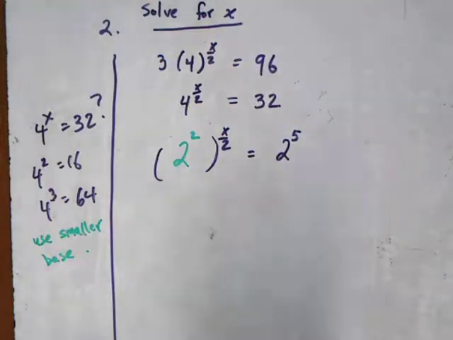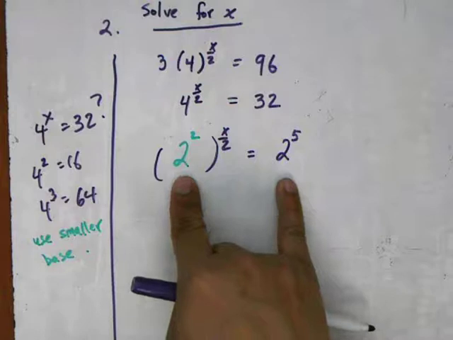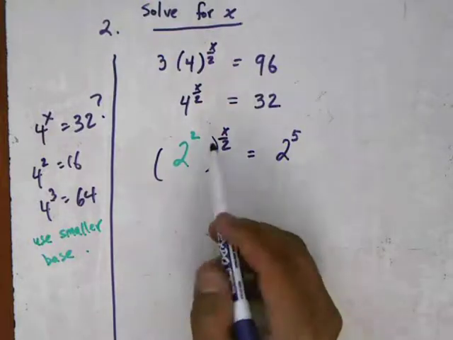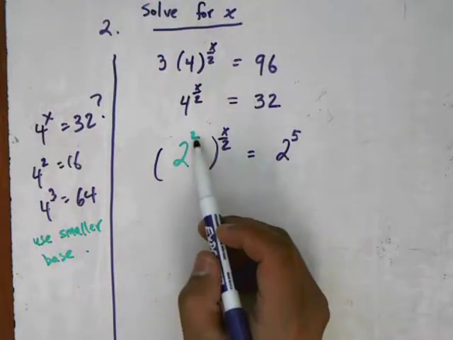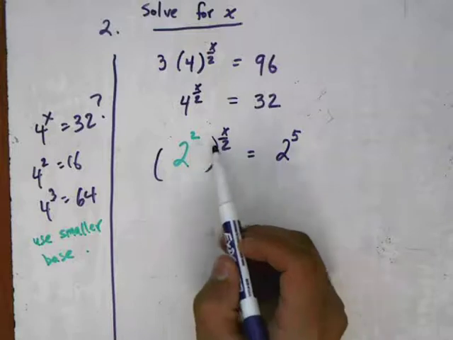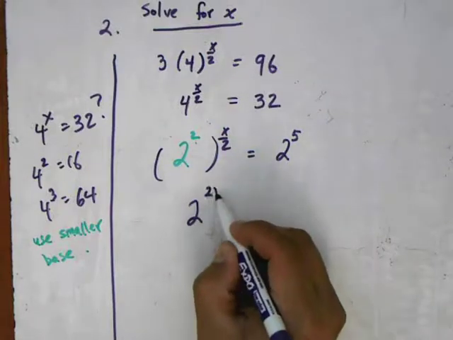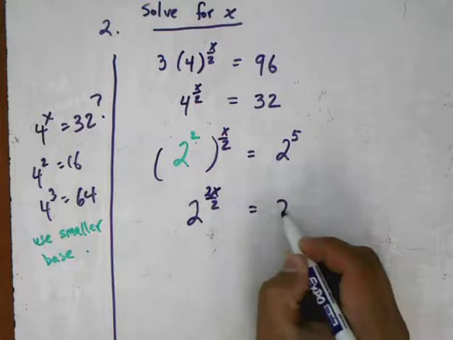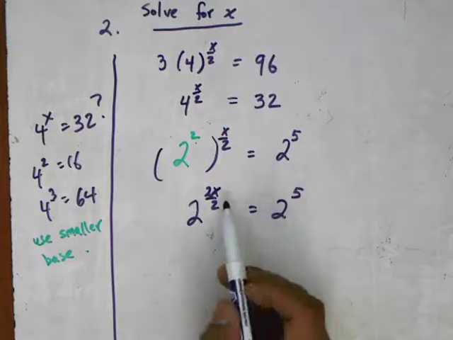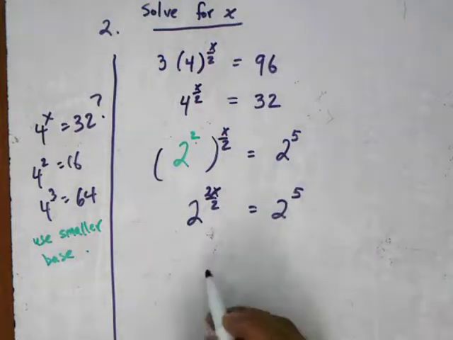And you see, now we have the same base. Now we can work with this. We can use the power rule of exponents, a power to a power, so this is 2 to the 2x over 2 equals 2 to the 5th. Now we can just set the exponents equal to each other.